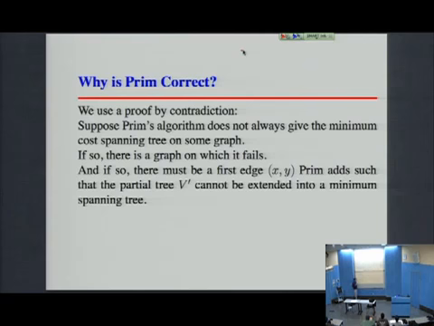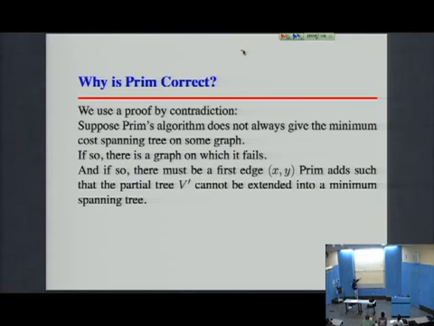Now my question is this. What if we look at this cycle? There is going to be an edge that was adjacent to the part of the tree that I had already built. Let's say our situation was, this was in my spanning tree, this was in my spanning tree.